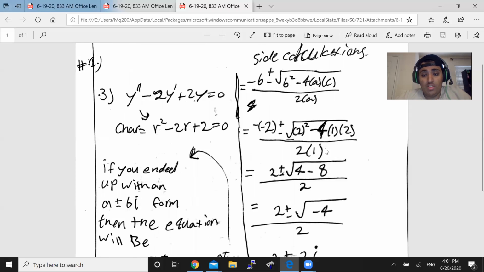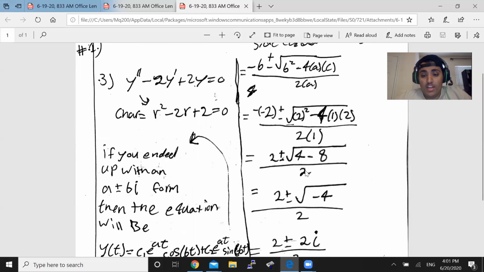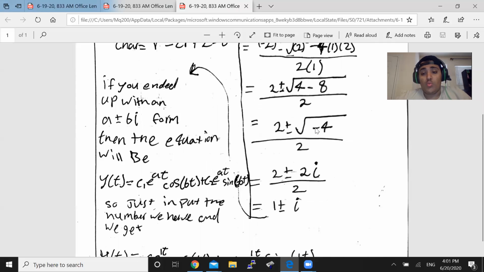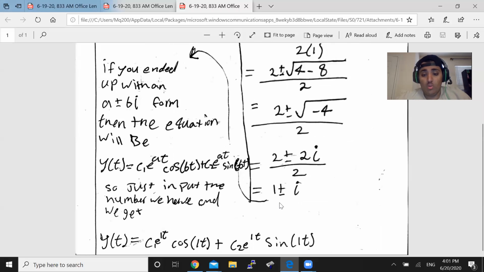I just plugged in everything, and here I got a negative number under the square root, so you get an i. So it's 2 plus or minus 2i over 2, and that leaves us with 1 plus or minus i.